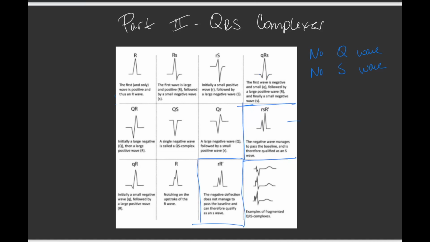But why is this one an RSR prime complex and this one is just an RR prime complex? And a keen eye would note that, well, that's because in this complex, that little tiny wave dips below the baseline, which officially makes it an S wave. It's a negative deflection. Whereas in box number 2, we see that although there is still that negative dip down, it never crosses the baseline, so it never becomes an S wave.